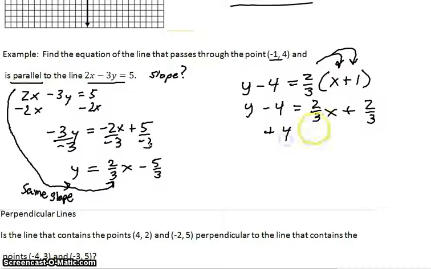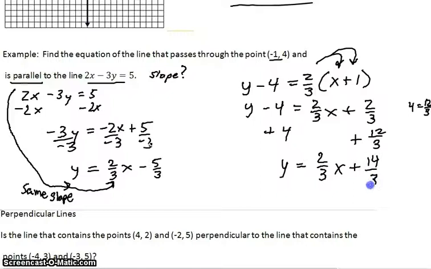I'm going to add 4 to both sides to get y by itself, but I need a common denominator here. Instead of 4, it's the same thing as 12/3. So 2/3 plus 12/3 is going to be 14/3. So my answer is y equals 2/3 x plus 14/3. There's the equation of my line.